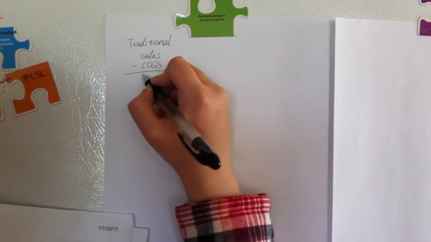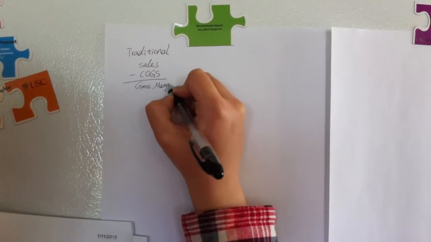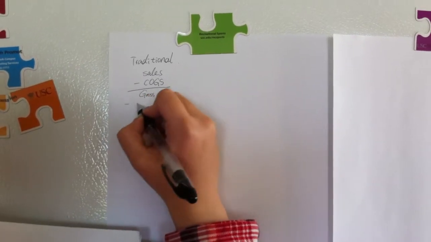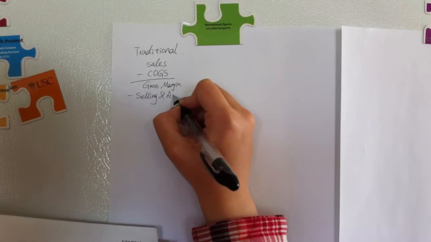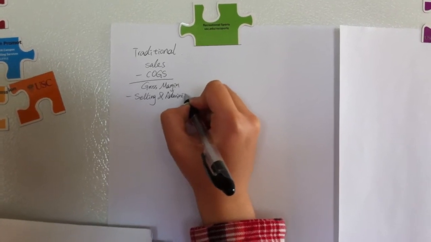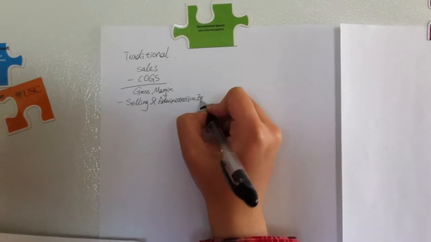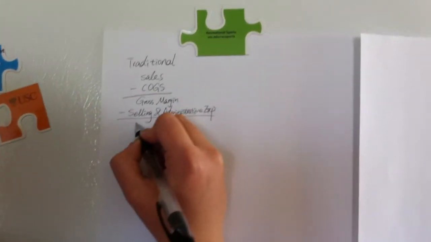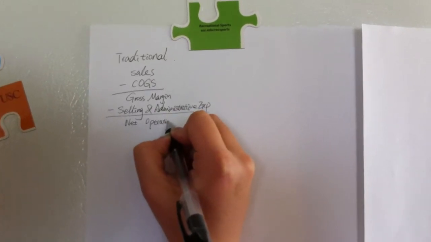Gives you gross margin minus selling and administrative expenses. Gives you net operating income.